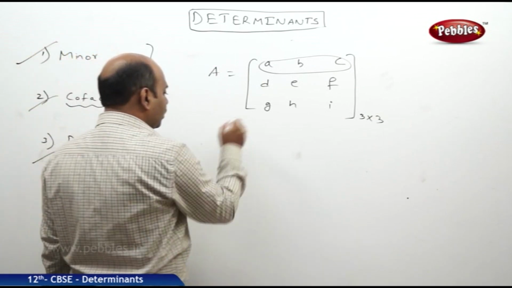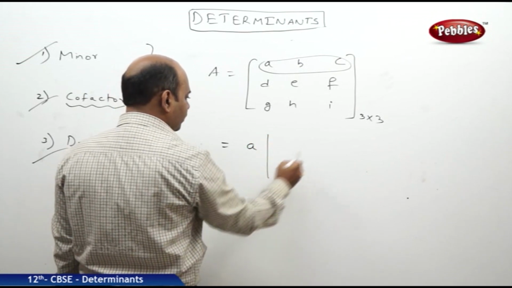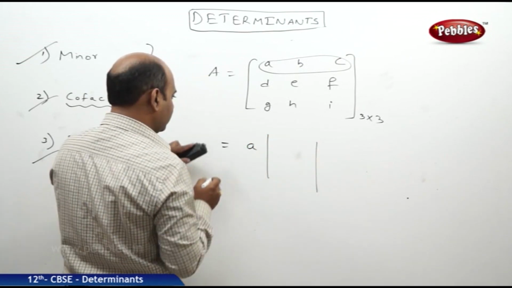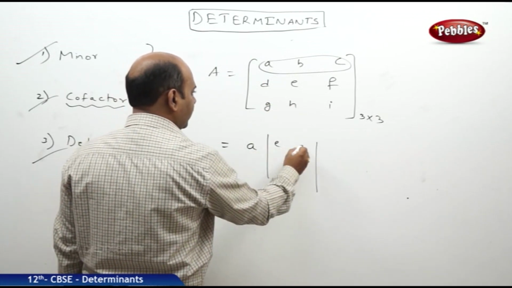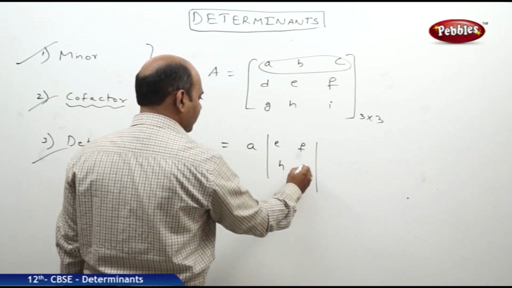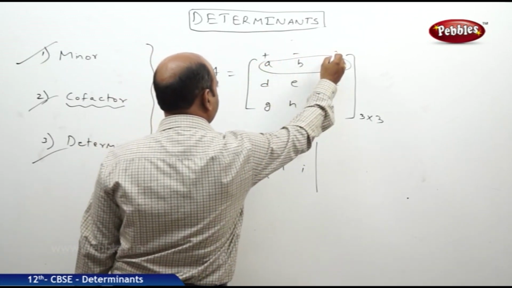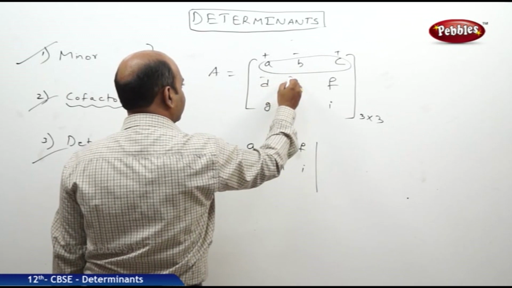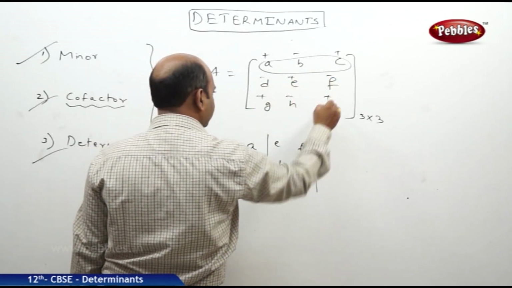You select the first element A into its minor. Into its minor means what happens here? E, F, H, I. And here I will give this as plus, this as minus, this as plus, this as minus, this as plus, this as minus, this as plus, this as minus, this as plus.